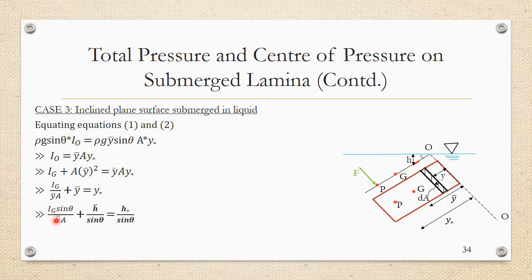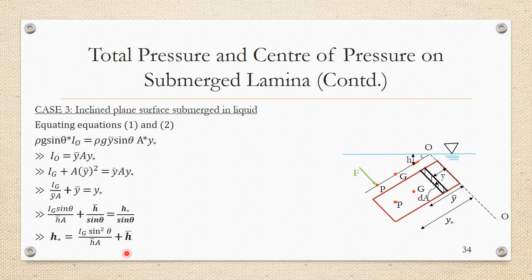So Ig divided by h bar by sine theta into A becomes Ig sine theta by h bar A, plus h bar by sine theta, is equal to h star by sine theta. Taking sine theta to the opposite side, I get h star is equal to Ig sine squared theta divided by h bar into A, plus h bar. So this is the expression for the center of pressure of an inclined plane surface.